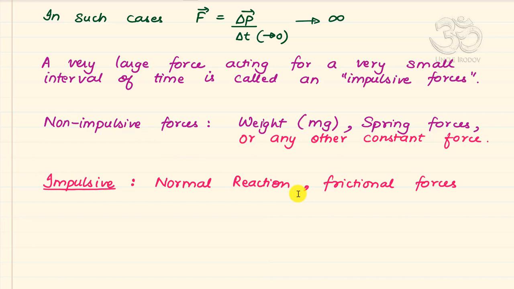Then string forces can be impulsive, because string forces can change their values suddenly. You have the example of bungee jumping for that. In bungee jumping we usually use an elastic cord, and what that elastic cord does is slow down the fall gradually.